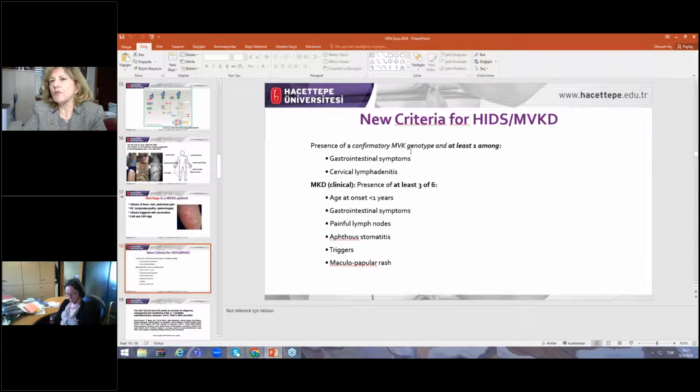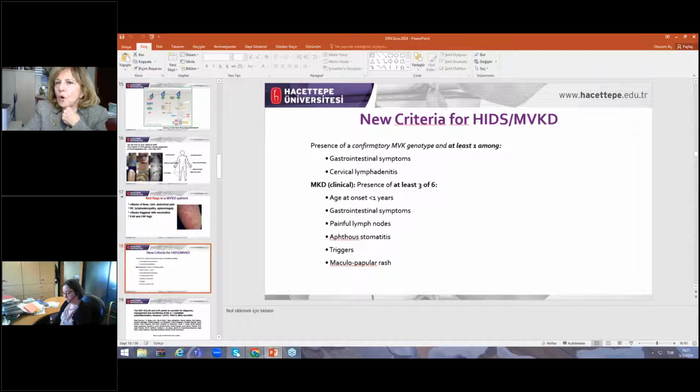So this is the Eurofever classification criteria for mevalonate kinase deficiency. As you can see, again, we have a confirmatory or non-confirmatory solution. So if there are 2 pathogenic mutations, since this is an autosomal recessive disease, and just one of these, either GI symptoms or lymph nodes, you can classify that child as mevalonate kinase deficiency and start treatment accordingly.